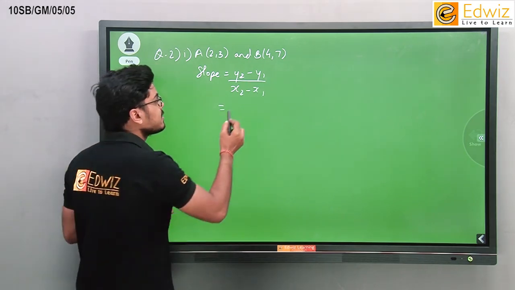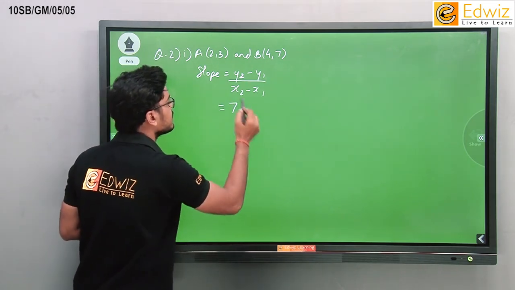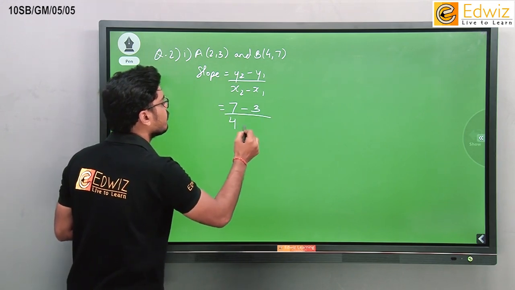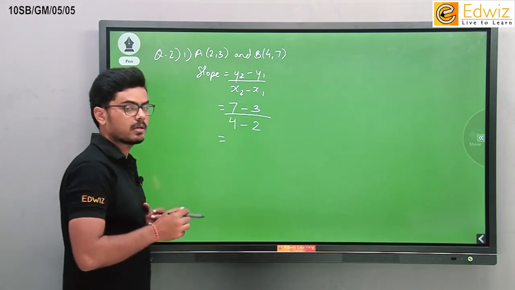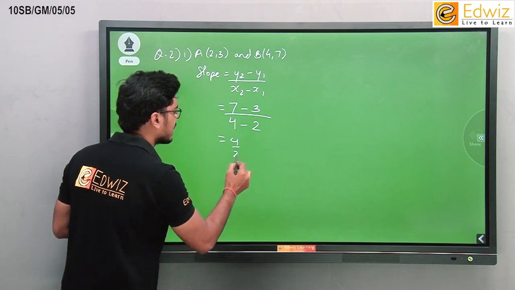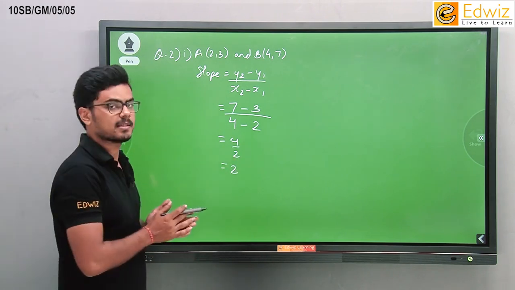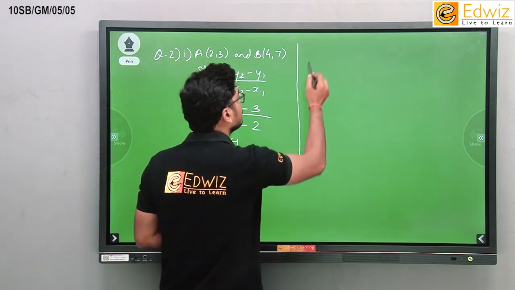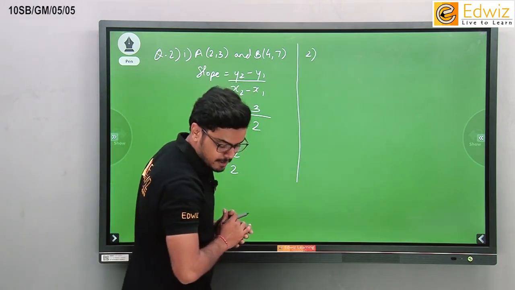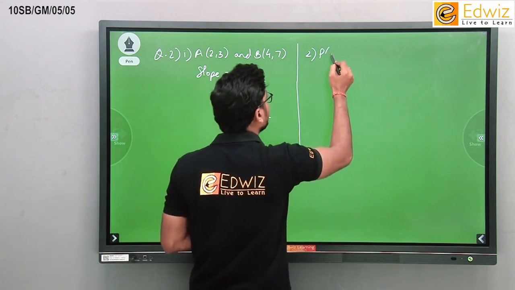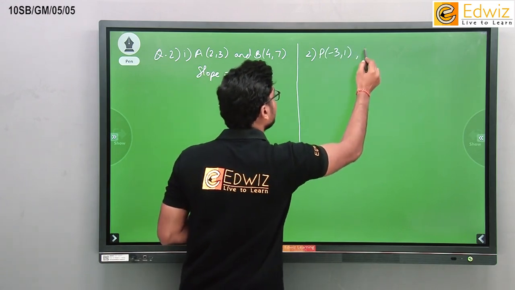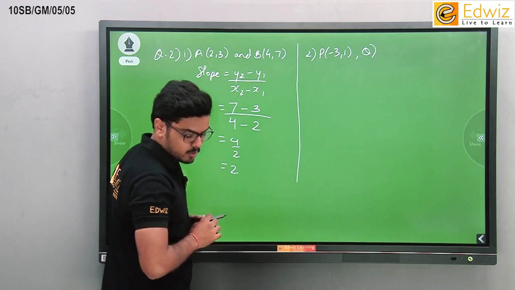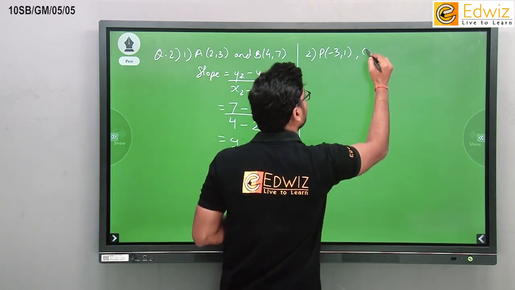So y2 here is 7 minus 3 divided by 4 minus 2. Okay, so 4 upon 2, the answer is 2. This is the slope of this line. Similarly, second one, there is a point P given to you, minus 3 comma 1, and Q, point Q is 5 comma minus 2.